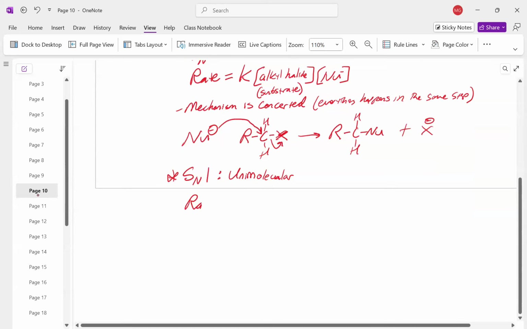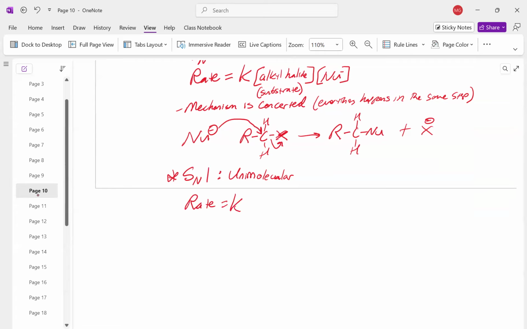In this case, it is dependent upon the concentration of the alkyl halide. So it's important to note the nucleophile is not involved in the rate determining step.